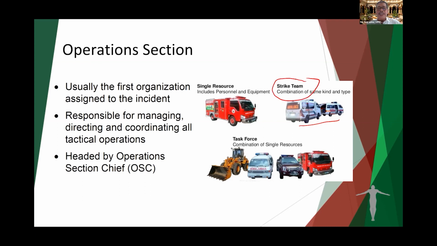Now, in the case of, let's say, a collapsed structure or a landslide in the area, and it is NATECH, or you have a fire and a collapsed building or a landslide, you have a combination of single resources like earth moving equipment, a fire truck, a security force, or an EMT, or a BLS, or even an ALS team, Advanced Life Support Team. And you call this combination of single resources a task force.